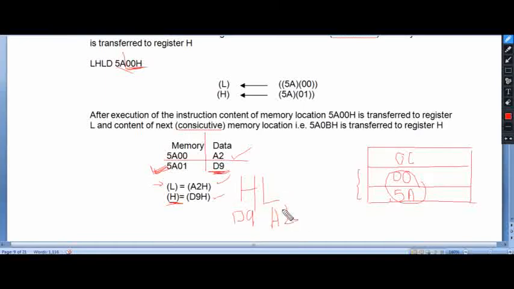A2 is in register L and D9 in register H.